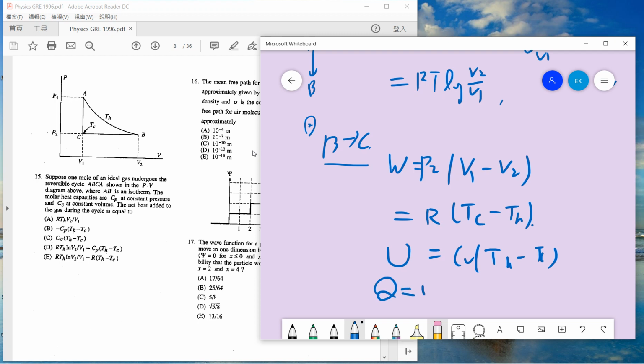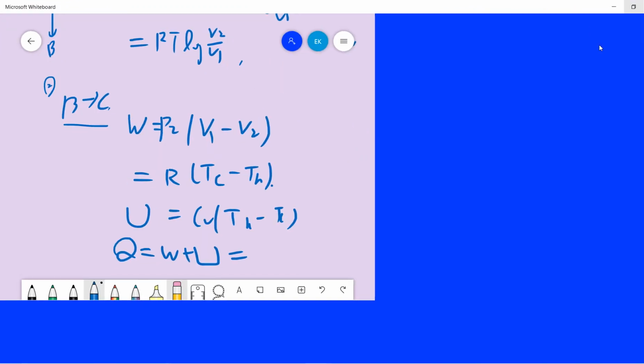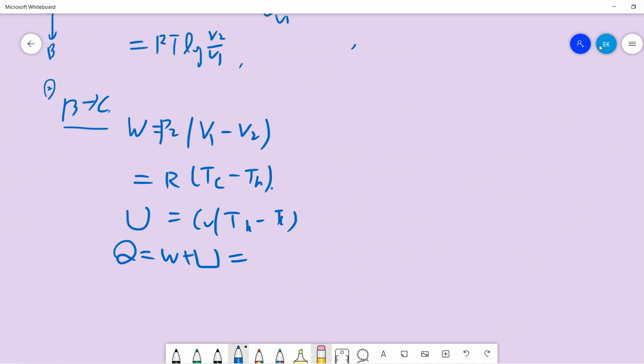So Q is just W plus U. So W is minus R (Th minus Tc).